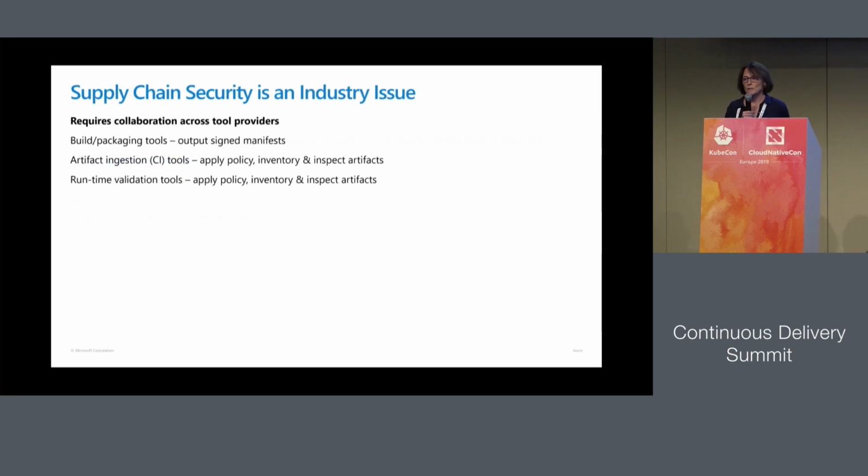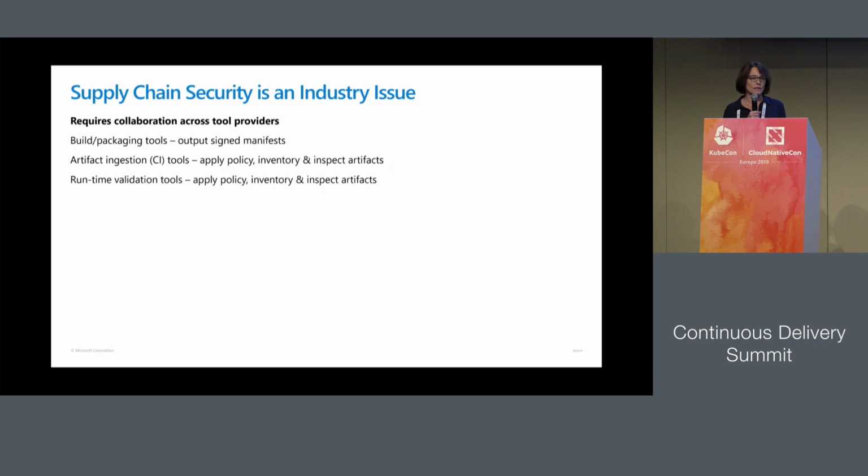Supply chain security, I've been talking about this as something that we've been looking at inside of Microsoft, but again, we know that this is an industry issue. And to solve it effectively, we need to, together, create build and packaging tools that output some sort of signed manifests, and have artifact ingestion tools, like CI tools, that apply policy and inventory and inspect artifacts.